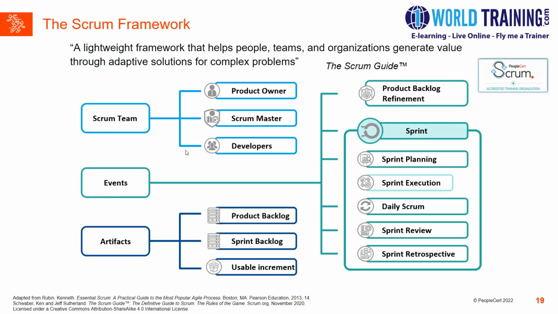Developers are a set of cross-functional and self-managing people. They are responsible for carrying out the development tasks, and also for ensuring the overall quality and testing elements of Scrum as well. So these are the three main roles in the Scrum team, responsible for ensuring the value delivery of the Scrum.